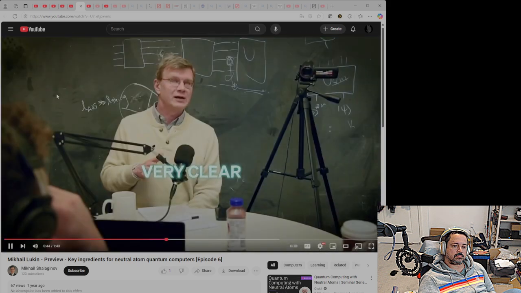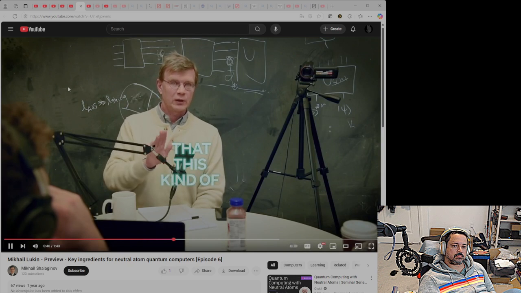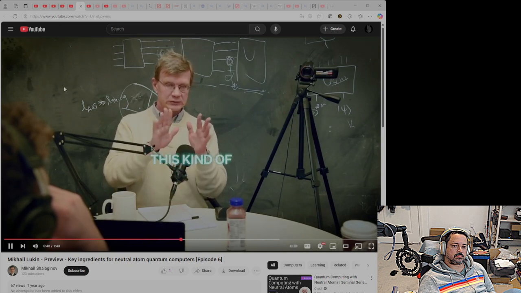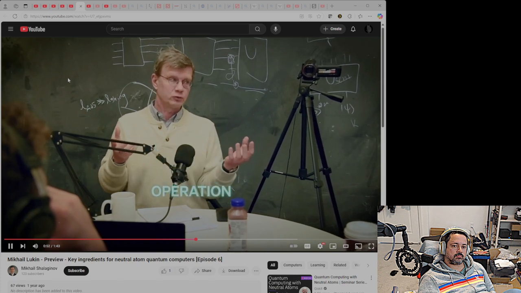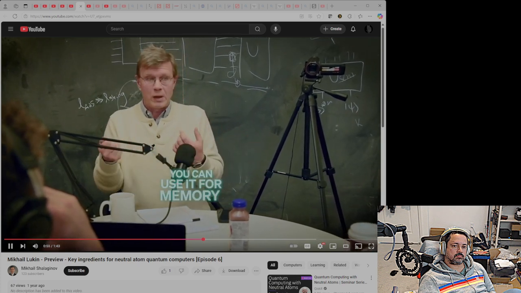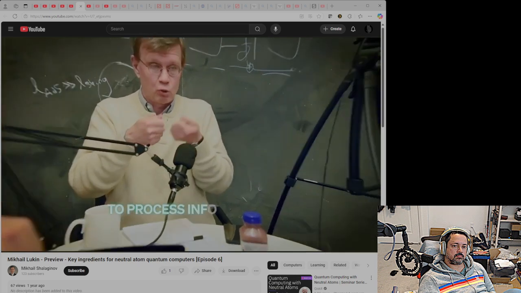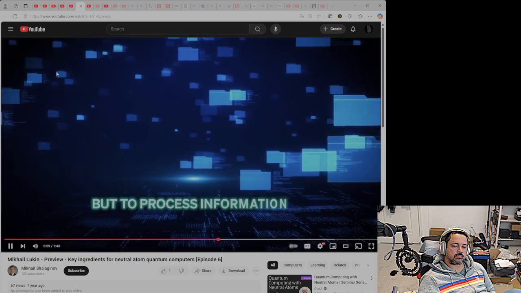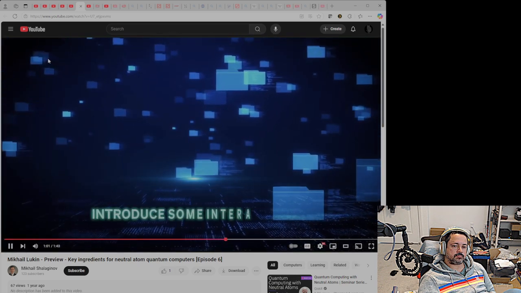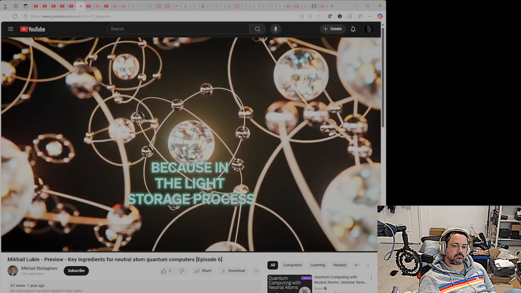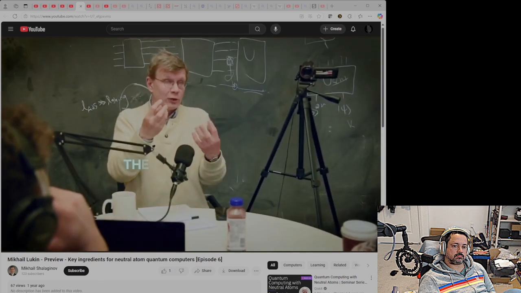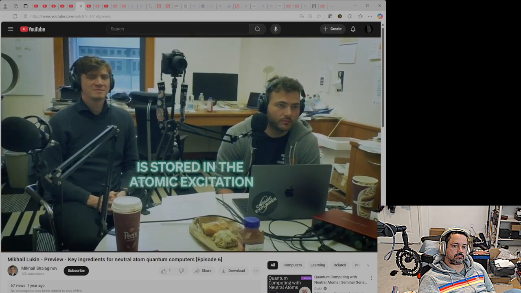But it was very clear at the time that this kind of light storage and retrieval is a linear optical operation. So you can use it for memory, but you cannot use it to process information. To process information, you needed to introduce some interaction, in this case between atoms, because in the light storage process, the quantum state of the light is stored in the atomic excitation.